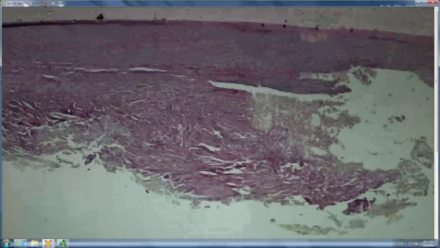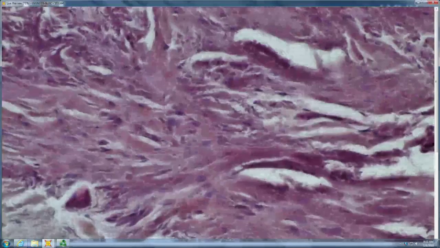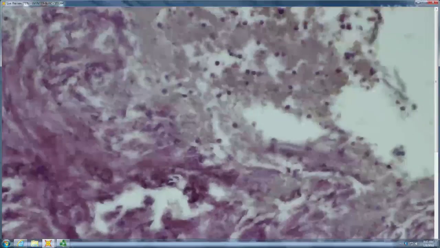It's mainly neutrophils, not seeing organisms. Let's see if we can find them somewhere else. Well, they're not jumping out at me around necrotic vessels.